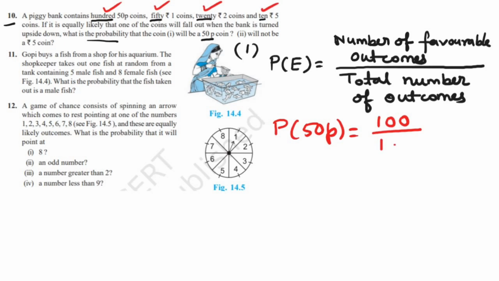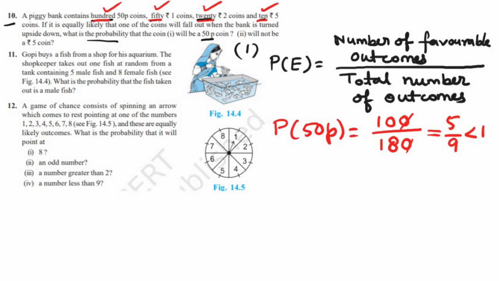So there are in all 180 coins. Just verify this. 100 plus 50 is 150. 150 plus 20 is 170 plus 10, 180. So this turns out to be 10 by 18, which is 5/9, and this is a number less than 1. So this can be probability of happening of an event.